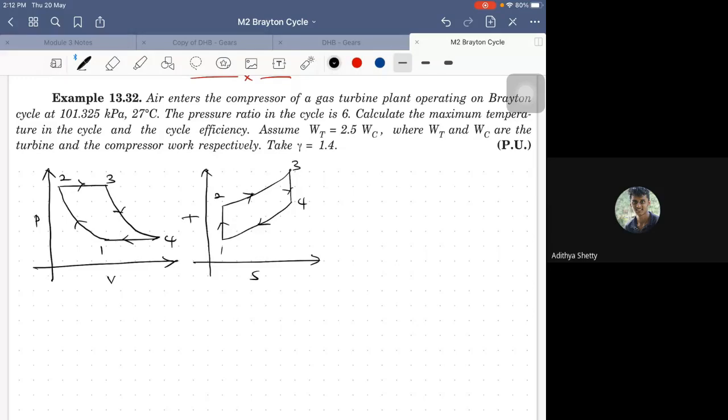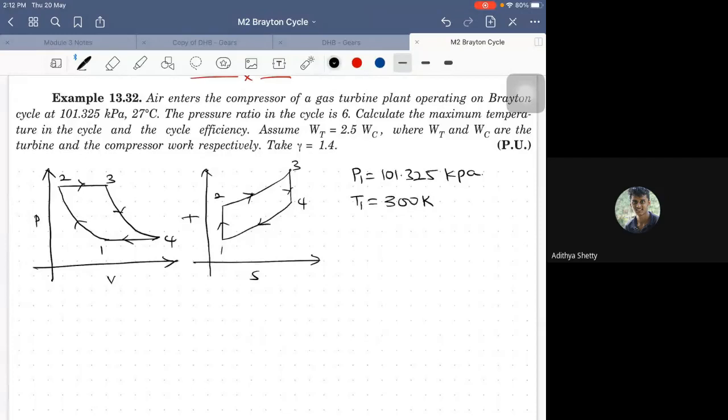P1 and T1. P1 is equal to 101.325 kPa. Similarly, the value of T1 is 27 degrees Celsius, so it is 300 Kelvin.